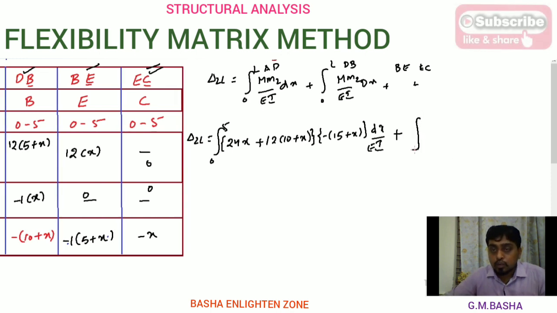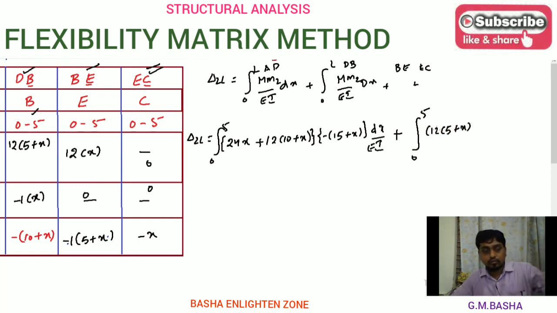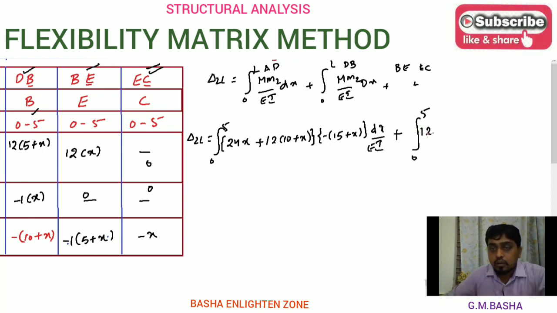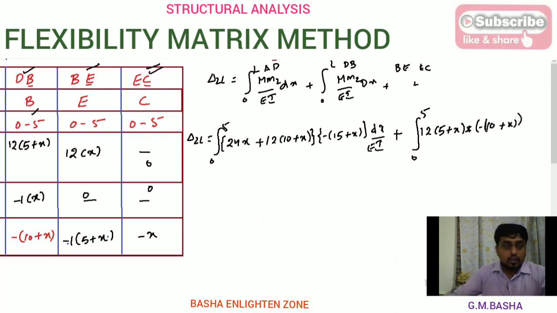In the same way, I am talking about the other portion, which is the DB portion. 0 to 5 is your limit here. 12 into 5 plus x, into multiples of this one, minus 10 plus x, into dx by EI. Again, the remaining portions will be BE plus EC.